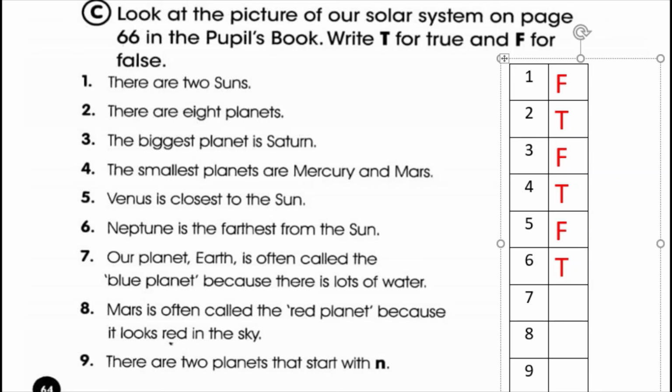Then, number 7. Our planet Earth is often called the blue planet because there is lots of water. Yeah, I think all of you know that. It's correct. T. So, number 8. Mars is often called the red planet because it looks red in the sky.